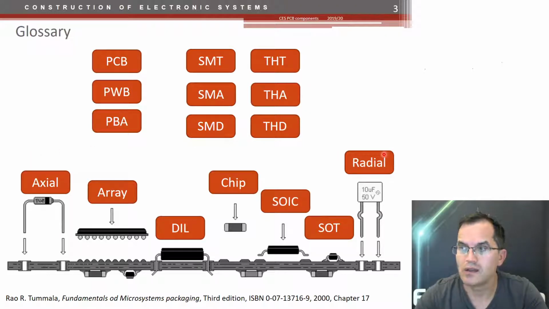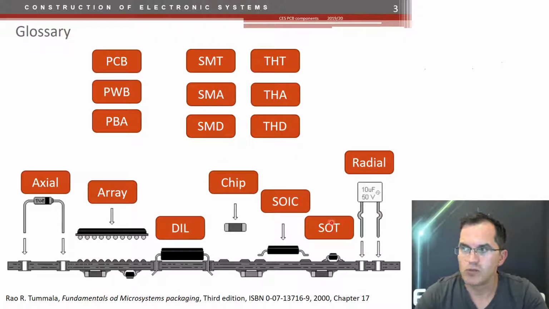In the through-hole area, we have radial components which have leads or terminals from the same side, from a single side, like capacitors. We have axial components which have terminals from both sides, on the opposite side, like diodes, resistors. And we have dual inline integrated circuits, which are nowadays quite rare.